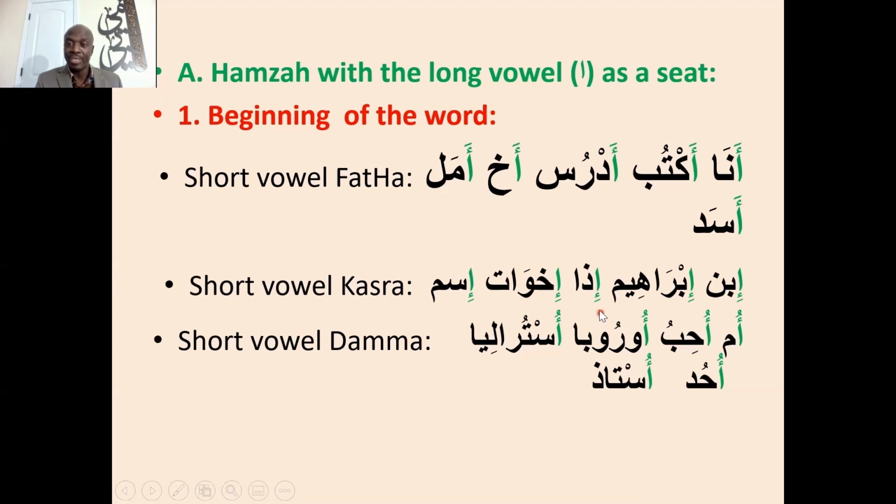Ida is if, like if condition. Also the hamza has the kasra, that's why we place it here. Ikhwat is sisters. Also the hamza here has the kasra, and then we put the kasra underneath the hamza, and the seat, even though it's not the seat anymore, but has to be there. The alif has to be here because the seat is the hamza on the top, that's the seat, but we kind of flipped the seat.